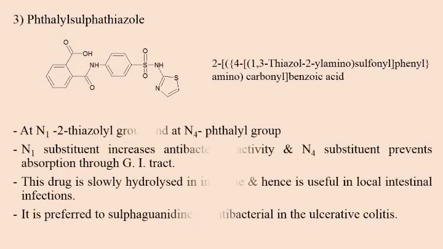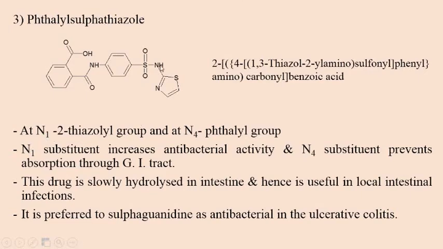Now this drug, as the N4 nitrogen is substituted, will not give you the diazotization reaction. So as far as its chemical property is concerned, this does not give the diazotization reaction. Now what are the substitutions present in this structure? At the N1 position we have a thiazolyl group.